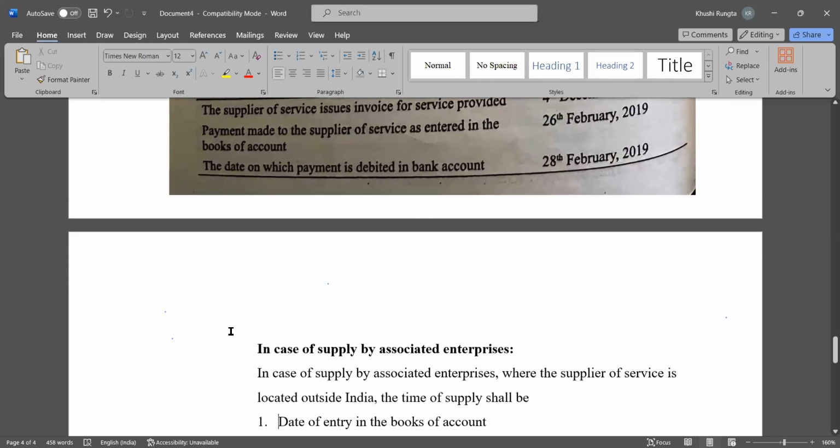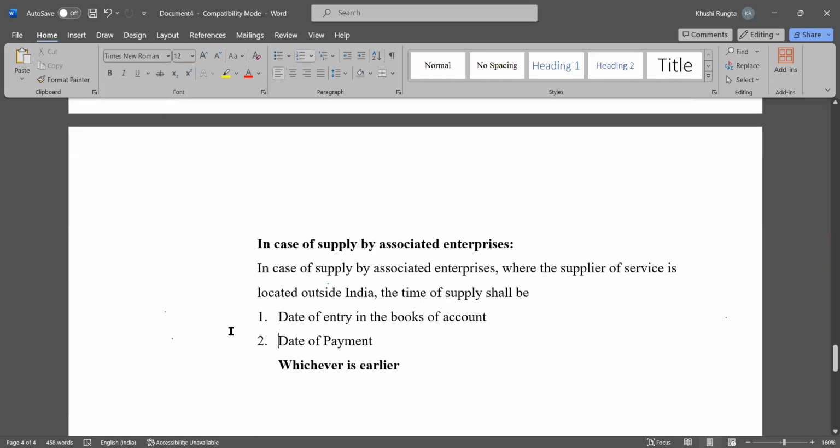Coming to the last topic for the day. The last topic is in case of supply by associated enterprises. Associated enterprises means whenever it is in relation with others. Basically, if I have a subsidiary, then that subsidiary will be my associated enterprise.